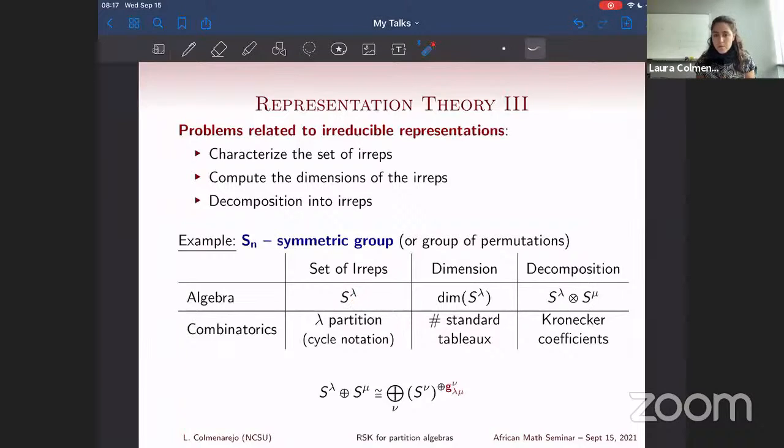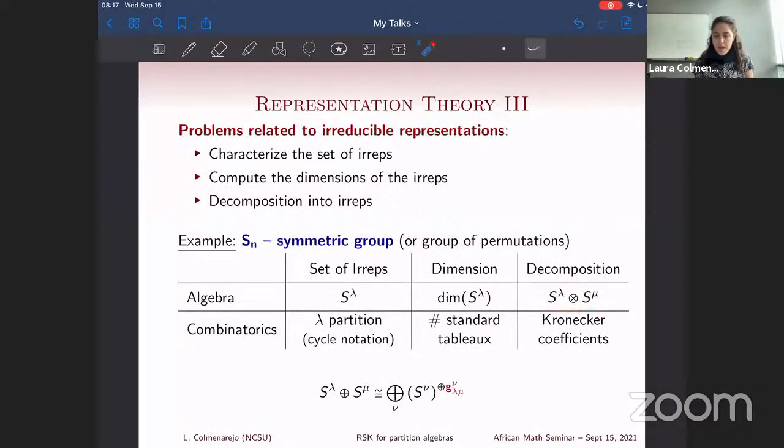So when we look at the set of irreducibles, we are encoding the cycle notation of the permutations. Now, if I look at the dimension, from the combinatorics point of view, this is the number of standard tableaux, which is an object that I'm going to define in a couple of slides.